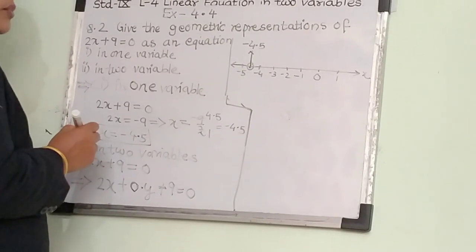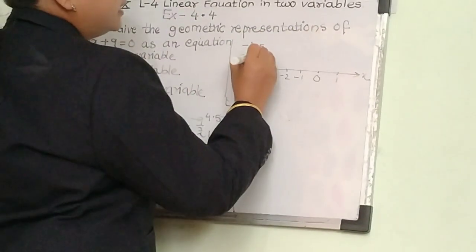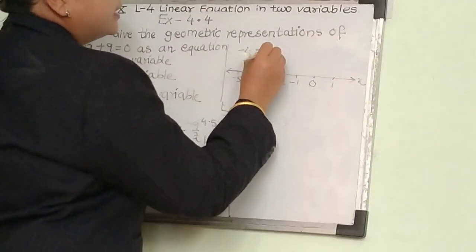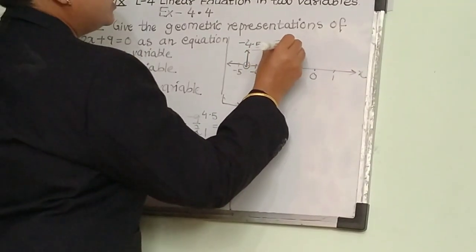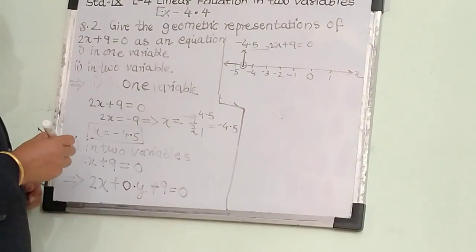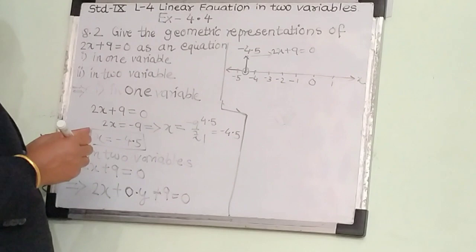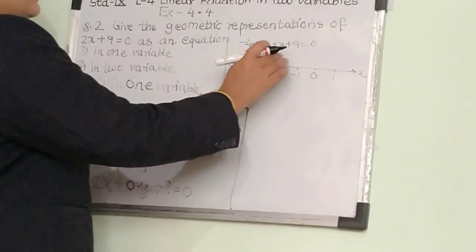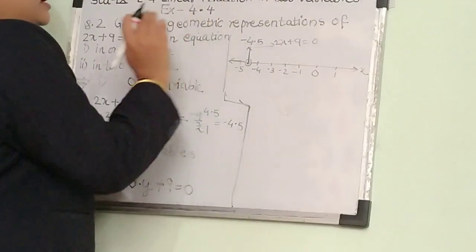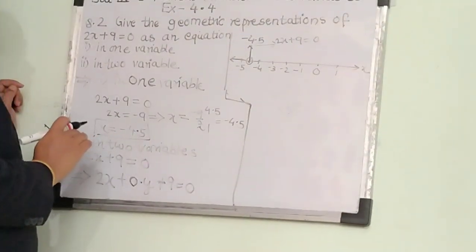Like this we draw, and we can say that it is a line, that is our equation 2x plus 9 equals 0. So in this way we can represent x equals minus 4.5 on the graph, that is the geometrical representation.